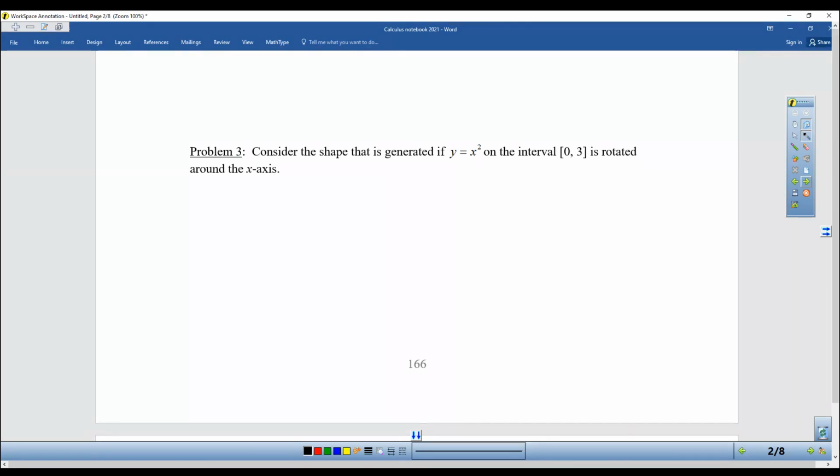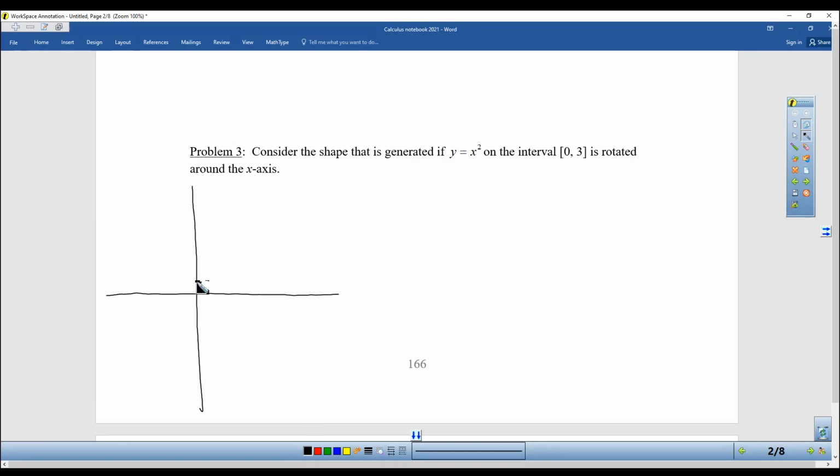Consider the shape that is generated if y is equal to x squared on the interval from 0 to 3. So when you go to make your graph, you have to plan ahead a little bit. It's really easy to make the mistake of thinking, oh, it's an upward parabola, I just need that first quadrant. But remember, we're going to rotate it around the axis, so you need to make sure you leave room underneath as well.